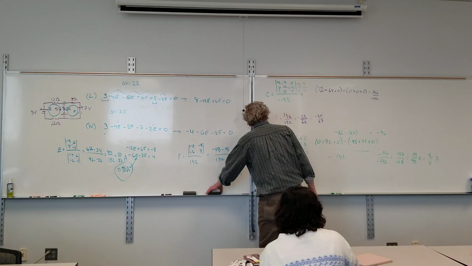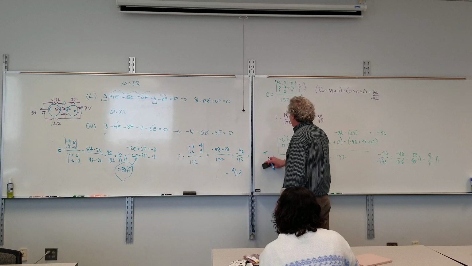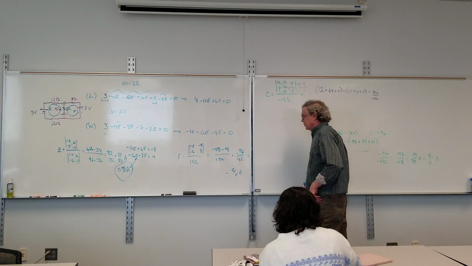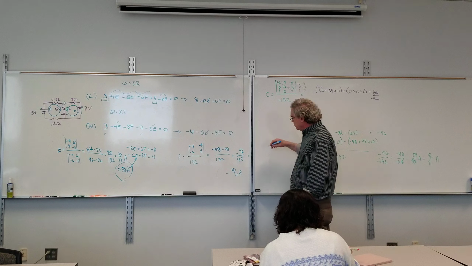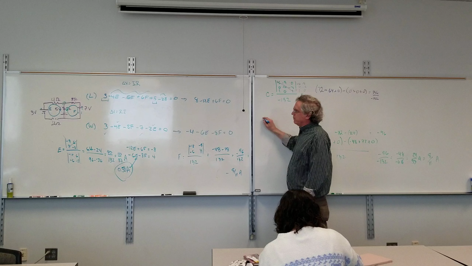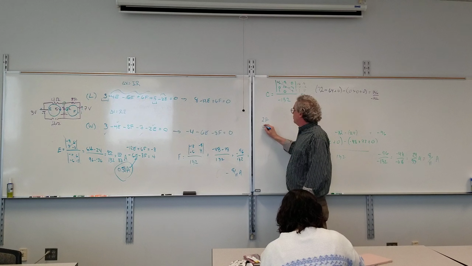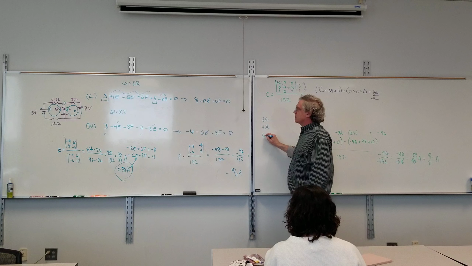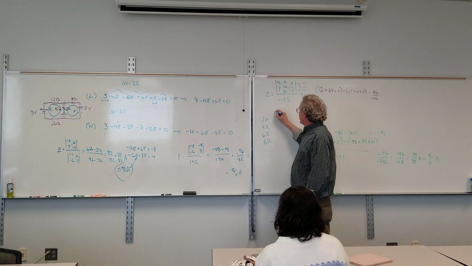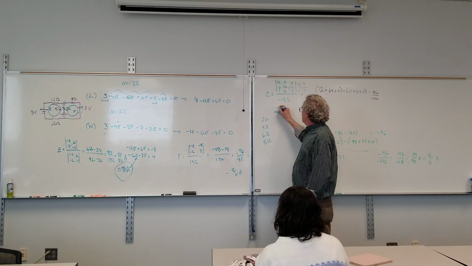Now, on the test or quiz, I give the resistors, so we've got a 2 ohm, 4 ohm, 6 ohm, and 8 ohm. And then the magnitude and then direction.